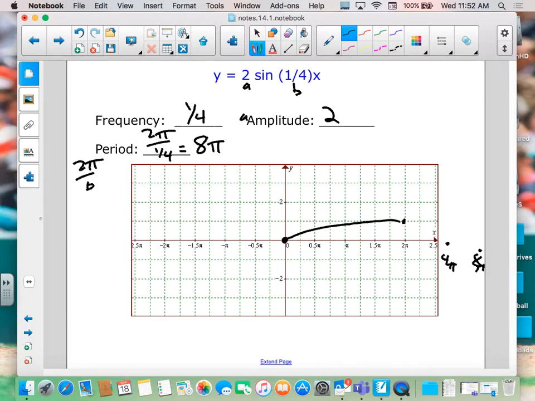When you got to 4 pi would be your next x-intercept, 6 pi you would be down 2, 8 pi you would be back at 0. So if I changed my grid, and I went 0, and I put 8 pi way out here, these would be my 3 x-intercepts. And at 2 pi, then it would be up 2, and 6 pi it would be down 2.